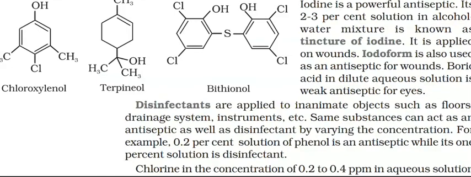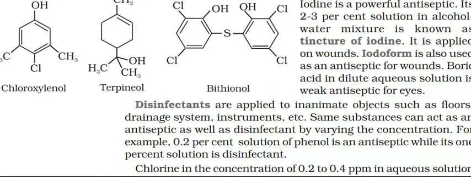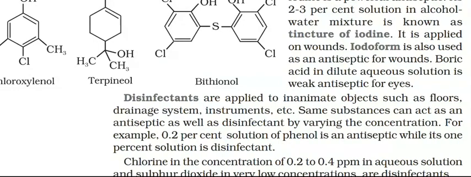The common examples of disinfectants are a 0.2% solution of phenol. When I'm saying 0.2%, then it will be antiseptic. When its concentration increases up to 1%, it acts as disinfectant. We use it for cleaning the floor.